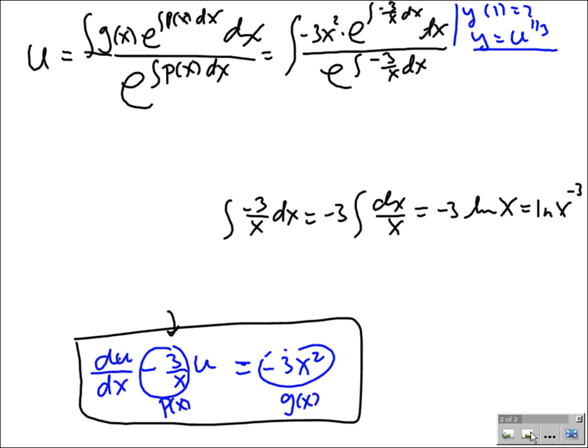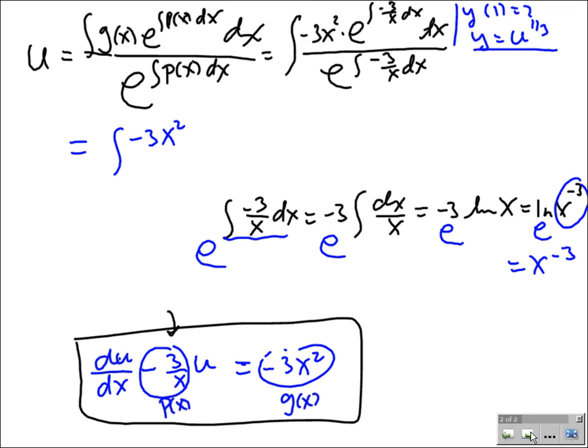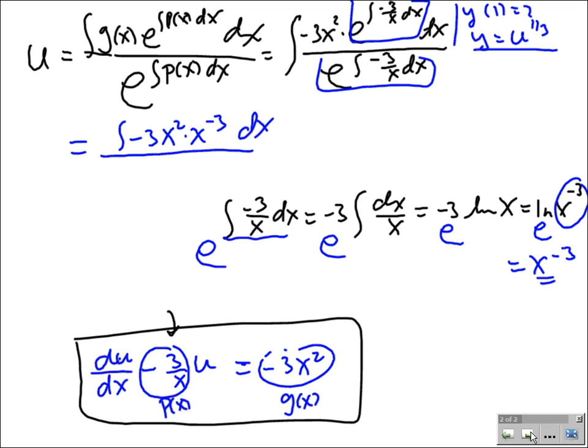But I don't really want this integral. I want e to that. And e to the ln of anything is the anything. Okay, so I have the integral of negative 3x squared times this integral which we just solved, x to the negative 3, dx. And I divide this by x to the negative 3.